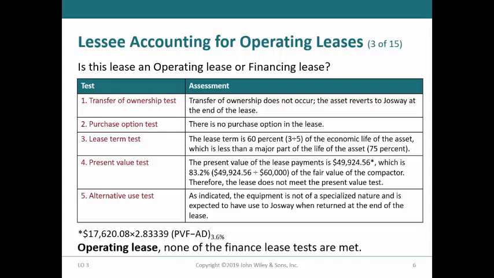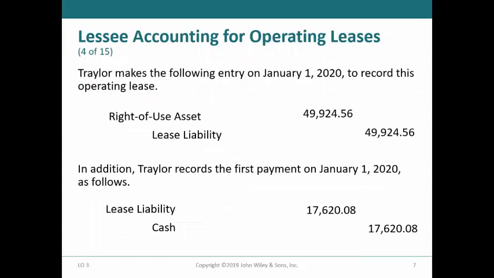The alternative use test was also not met because the compactor is not specialized and will have value when returned to Joss Way at the end of the lease term. Thus, this lease will be classified as an operating lease by Trailer, the lessee, and by Joss Way, the lessor.